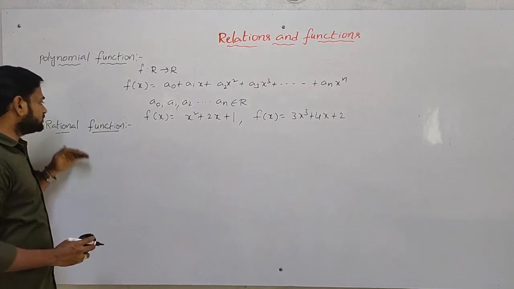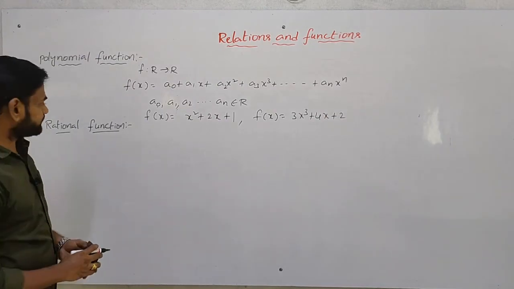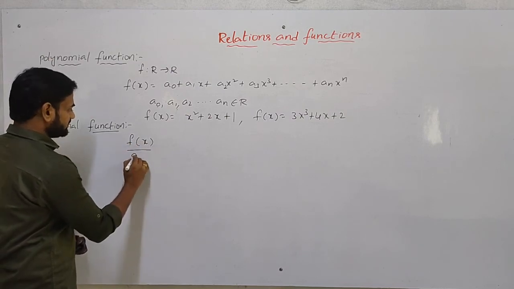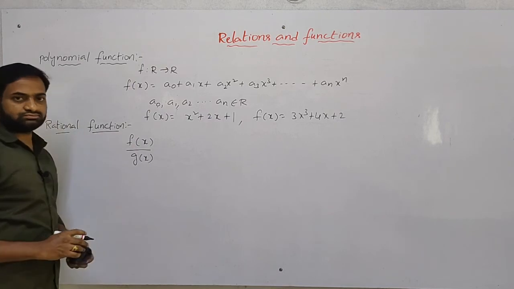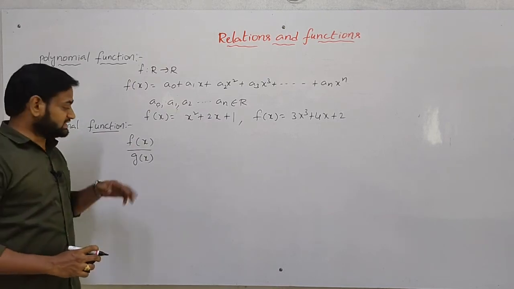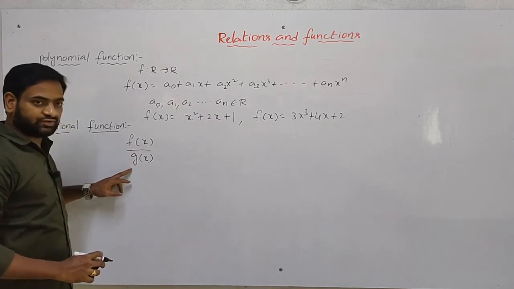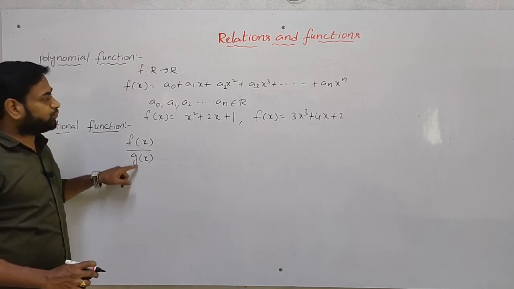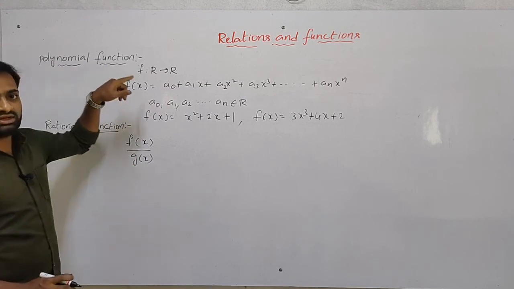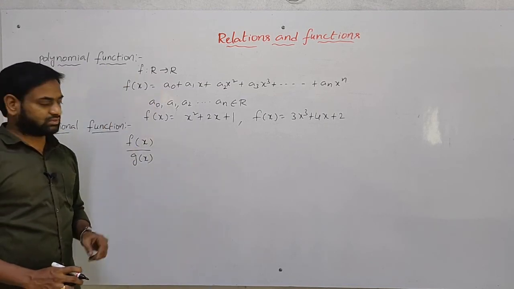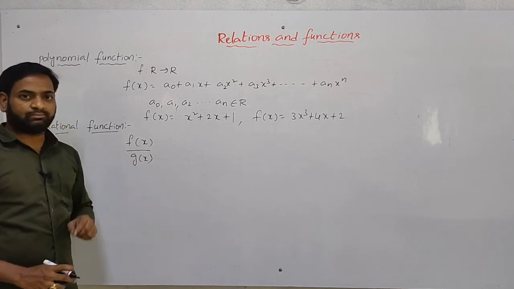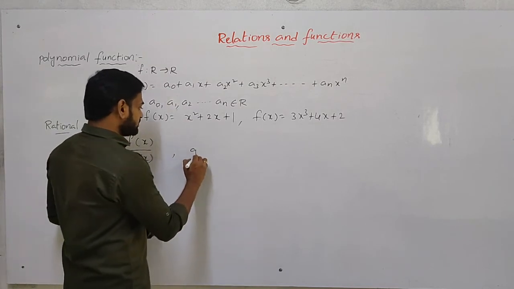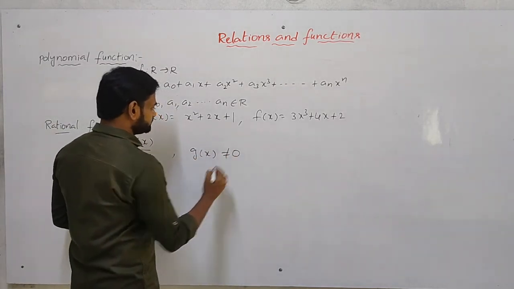Next, what about the rational function? The function is in the form of f of x by g of x. Here f of x and g of x are the polynomial functions in terms of x, and g of x is not equal to 0.